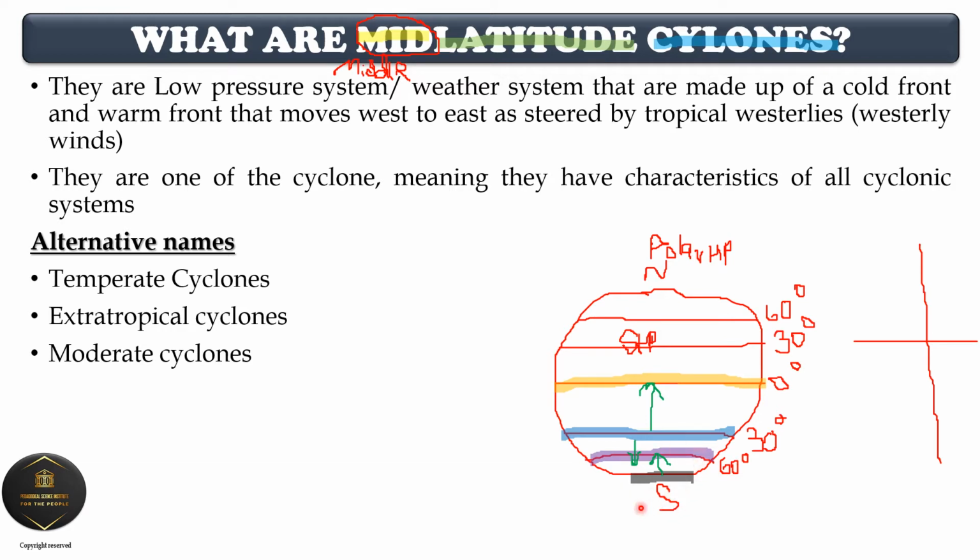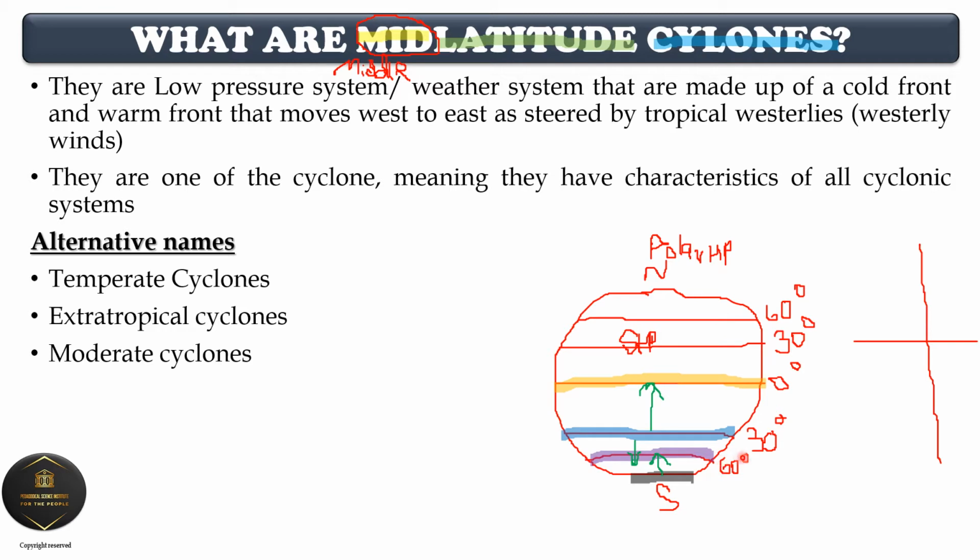Now, if we were just focusing on one hemisphere, we know that what is in the southern hemisphere is also up there in the northern hemisphere. If we were focusing on the southern hemisphere only, you will agree with me that the equator and the poles will be our outermost belts, right?